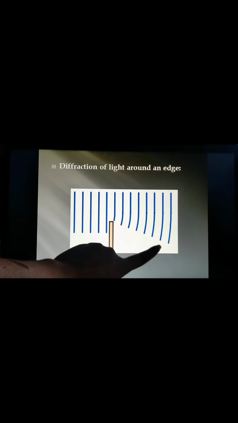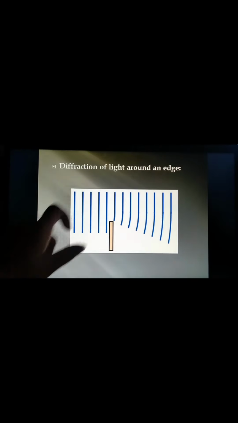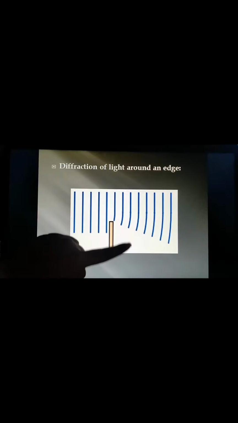Light gets departed also. What is the departure? Basically the departure from the rectilinear path. So here light is bending towards the shadow, where we expect only shadow, because behind the obstacle only we can expect shadow or a dark region, but in the actual case there is no shadow, there is no dark region, there is a fringe pattern or diffraction pattern.